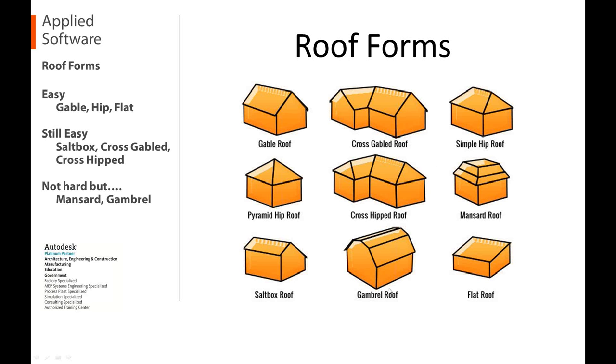Then we have our Mansard roof and our gambrel roof, which look a little harder to do, and they're not hard to do. Inside of Revit for years, people have done them different ways. I'm going to show you how to do that using just the slope arrow. And really, if you look at those former pictures, it's a combination of these different roof forms that you see here. So it's a matter of, how do I put these together when I'm creating a roof inside of Revit?